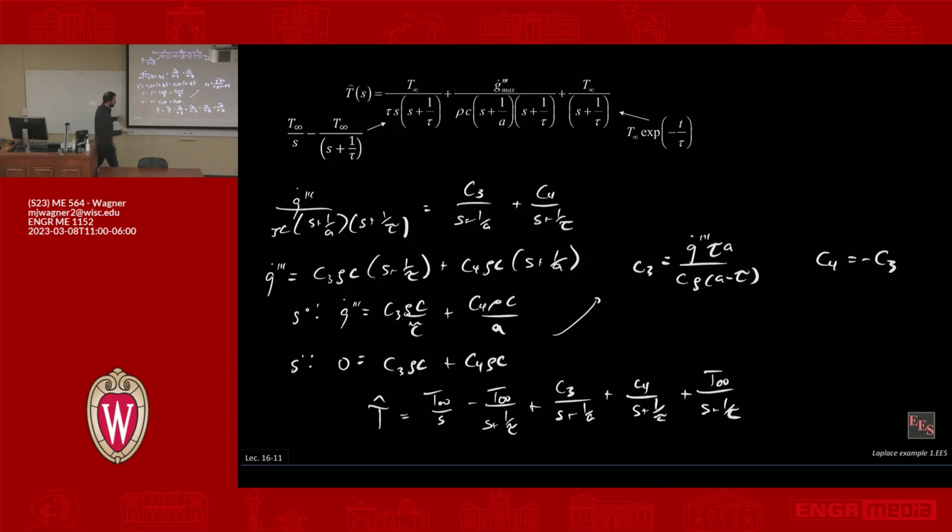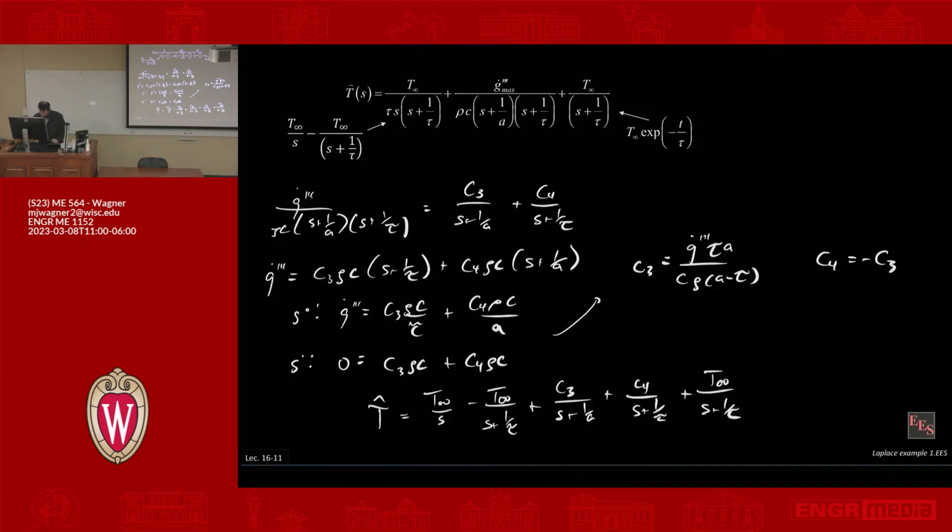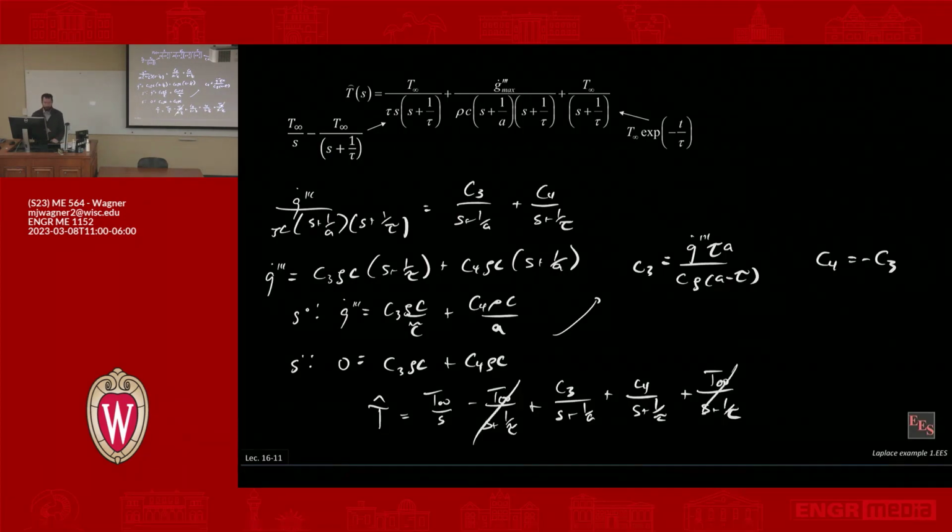Right, that's just bringing everything back together. If you look at this, we have t infinity over s plus 1 over tau minus t infinity over s plus 1 over tau, so that actually cancels out. So our last term, even though we know how to invert it, doesn't matter, right? We don't actually need it. Then we're just left with these three things we need to do the inverse. And it's straightforward to do that.